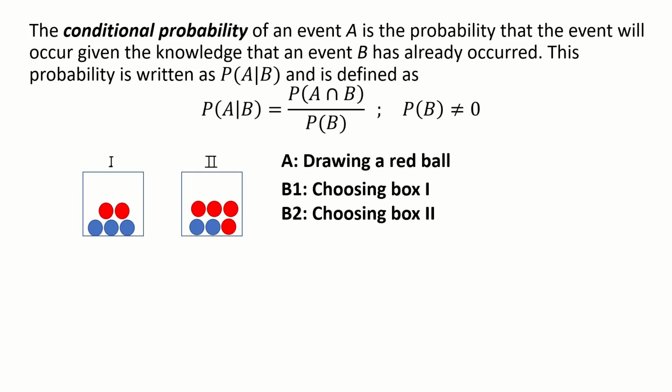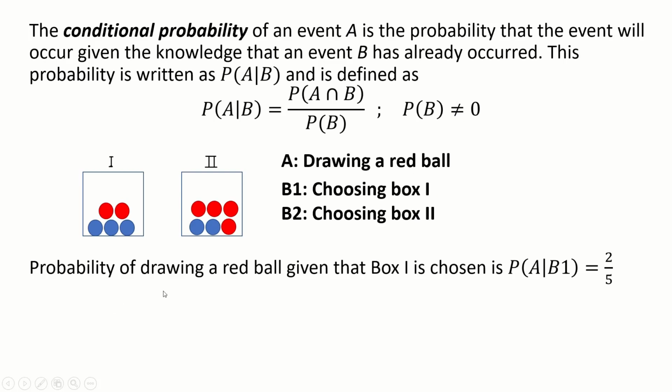Now suppose you are choosing box 1 and then drawing a red ball. So the probability of drawing a red ball, given that box 1 is selected, will be the conditional probability of A given B1, because you are first choosing the box and then you are drawing.